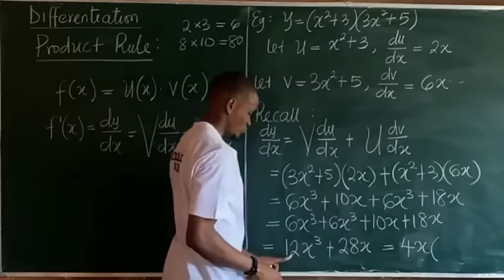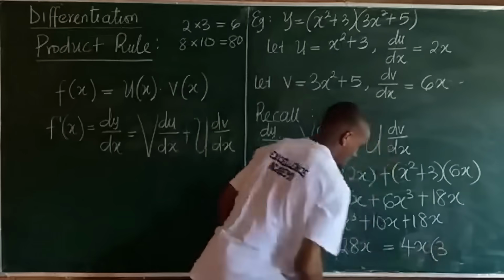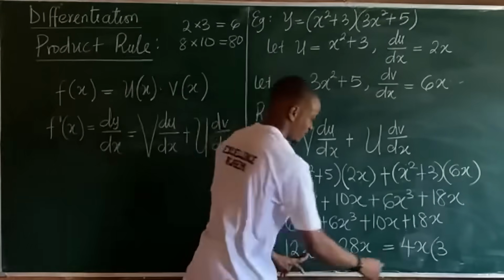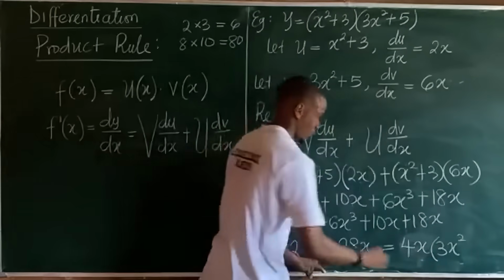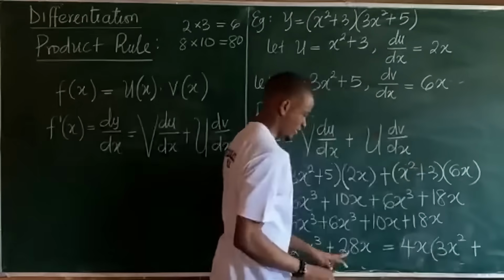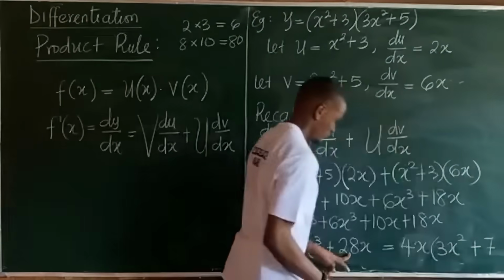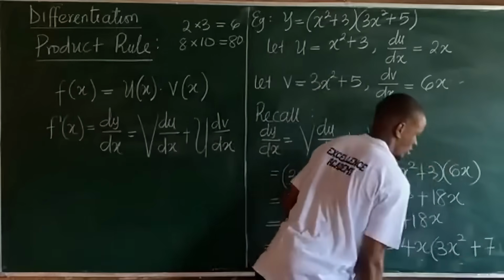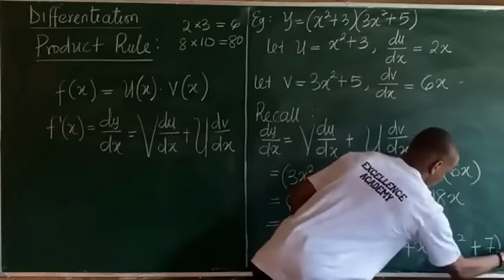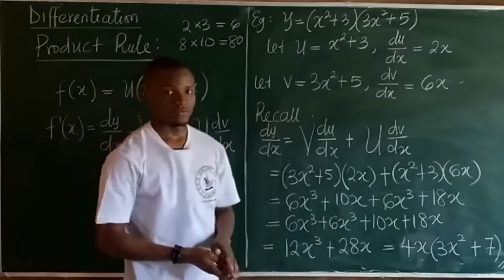All right, 12 divided by 4 gives you 3, so I'm having 3 here. X cubed divided by x gives you x squared, plus 28 divided by 4x gives you 7, and x divided by x gives you 1, so times 1, which is 7. So this becomes my answer. All right, so this is the answer using product rule.